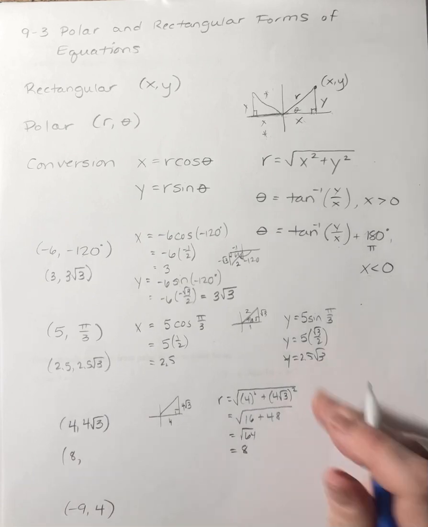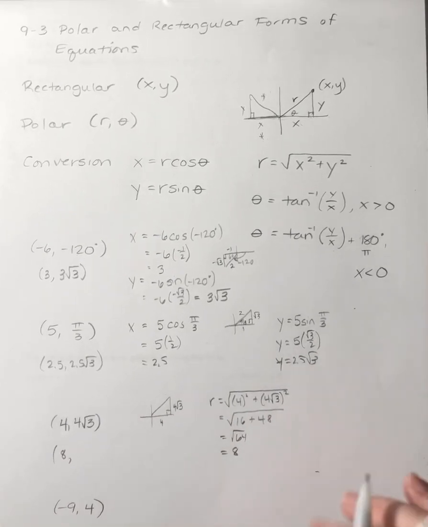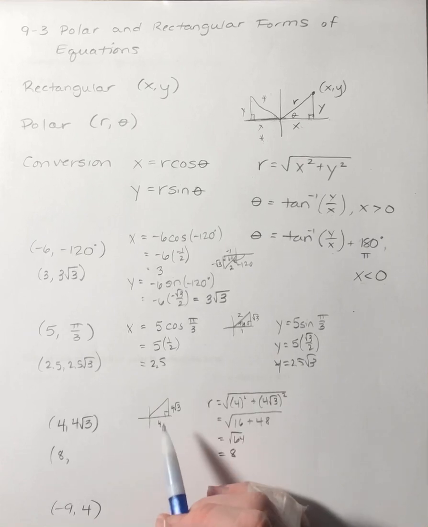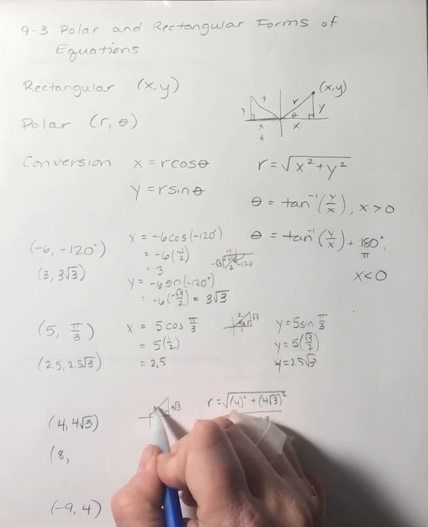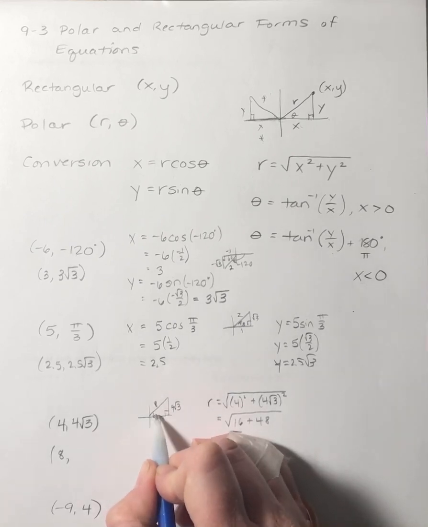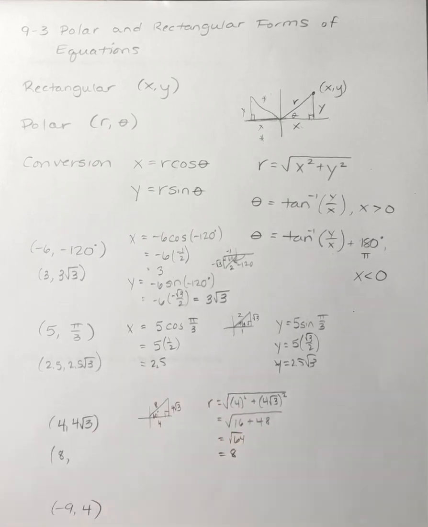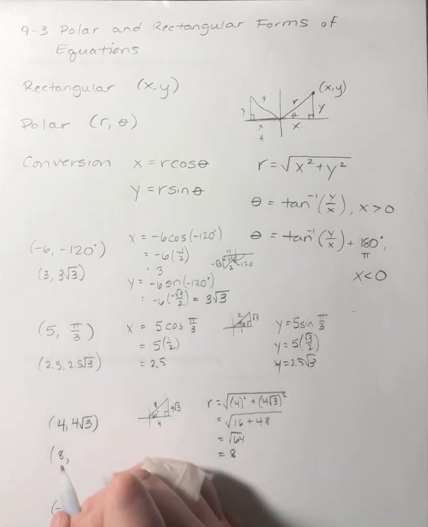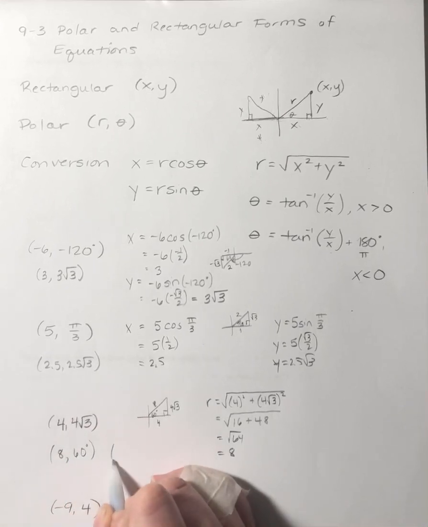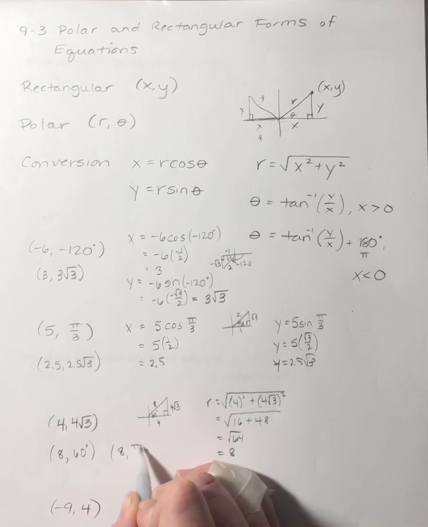And then my theta, it's in quadrant 1. You may recognize this is a 30, 60, 90 triangle. So this actually would be a 60-degree angle. If they don't specify in degrees or radians, you can do it either way. So this could be 60 degrees or pi thirds.